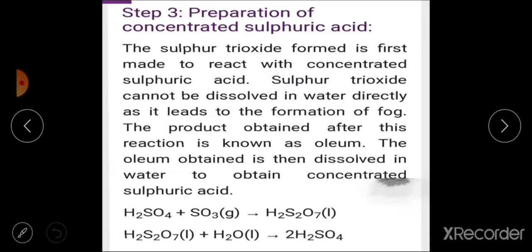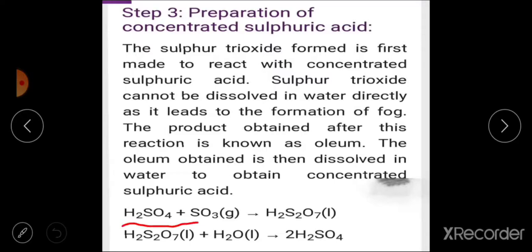This sulfur trioxide cannot be dissolved directly into water because it leads to the formation of foam. Then the product formed is called oleum. Then this oleum is diluted with water to form concentrated sulfuric acid. Here the reaction is given.